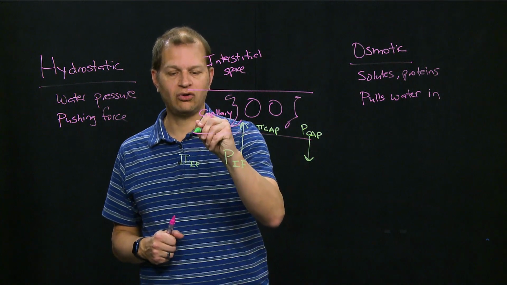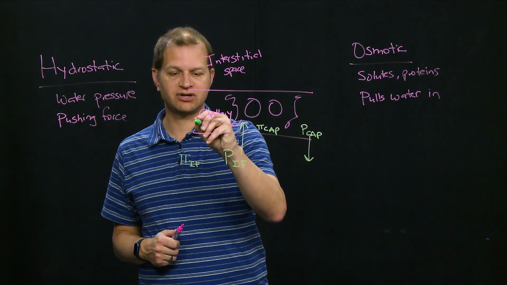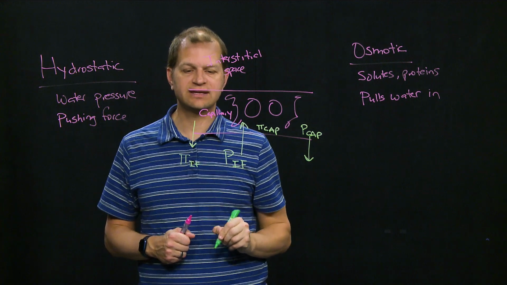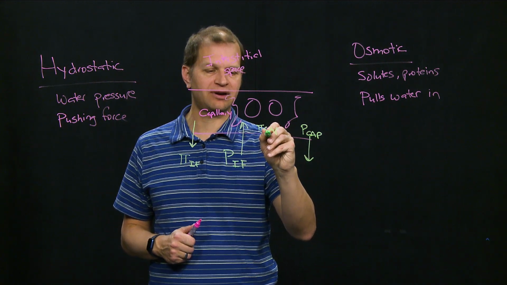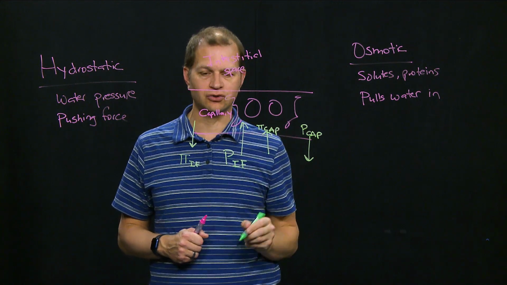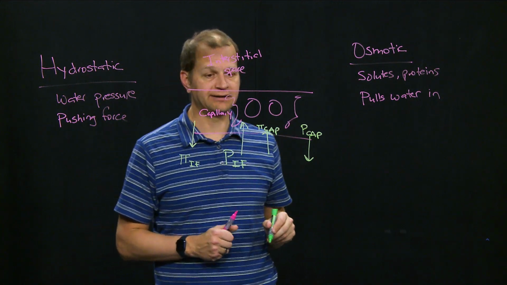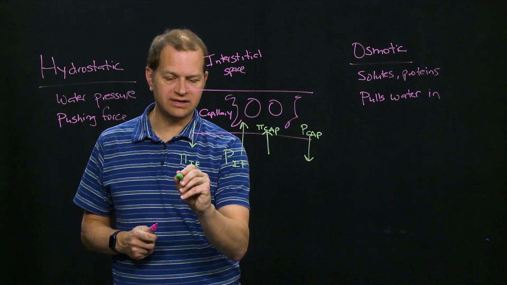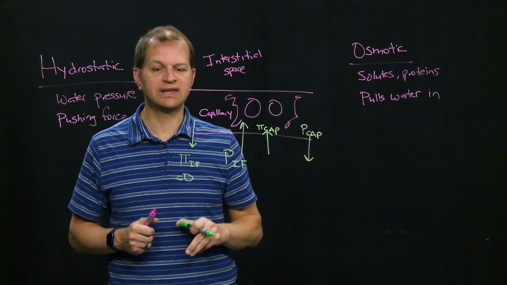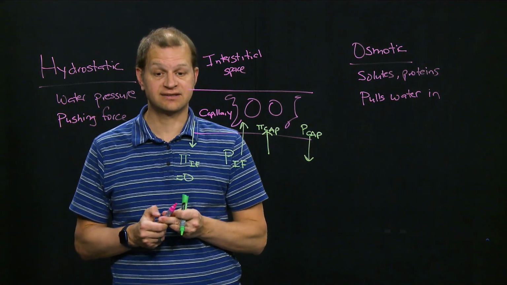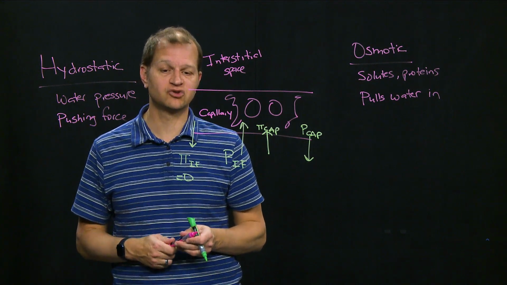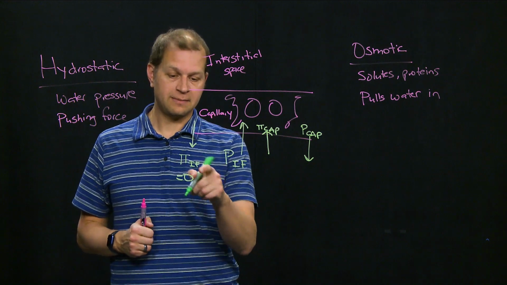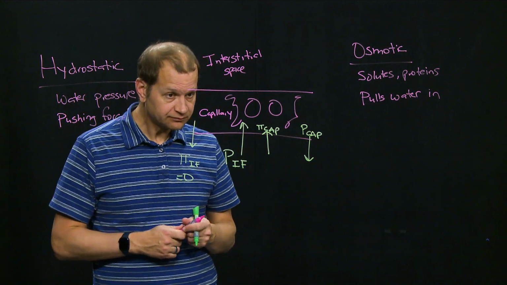Osmotic pressure is a pulling force, so the interstitial osmotic pressure is going to pull fluid into the interstitial space, whereas the osmotic pressure in the capillary is going to pull fluid into the capillary. Now, generally, this one is zero because we don't normally have a lot of proteins floating around in the interstitial fluid. When we do, that's usually indicative of some sort of problem, but it can exist.